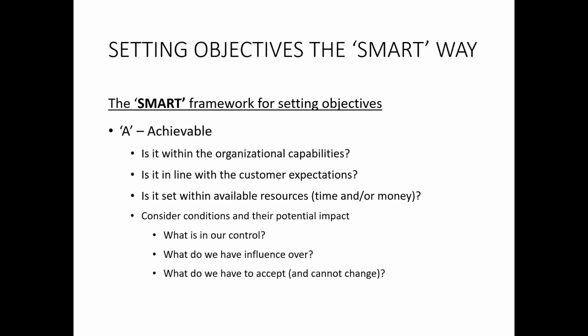Suppose the customer is giving you a requirement, the product should be of high quality, and you are going to make a product with a good quality material, but the cost is very high.